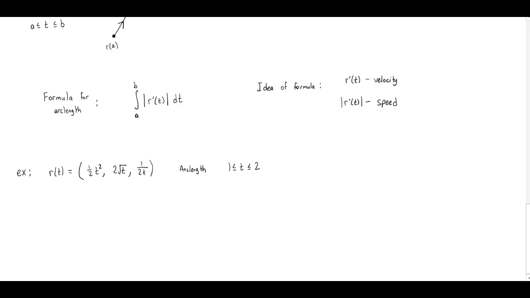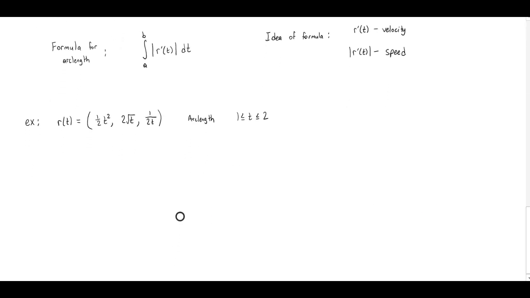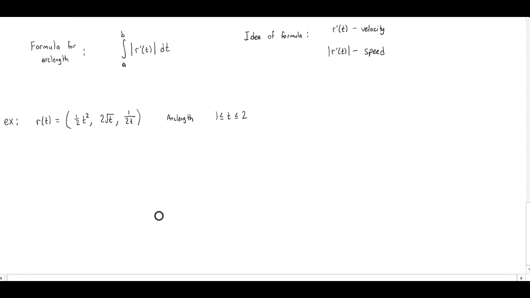So in order to compute the arc length, we have our formula up here. We need to compute the derivative and then get the magnitude. First, getting the derivative vector. Who can tell me what the derivative will be?